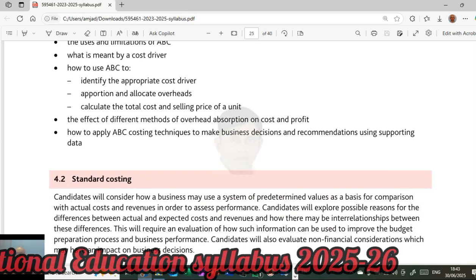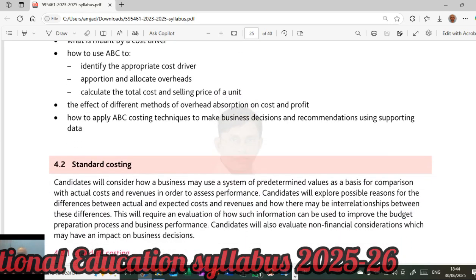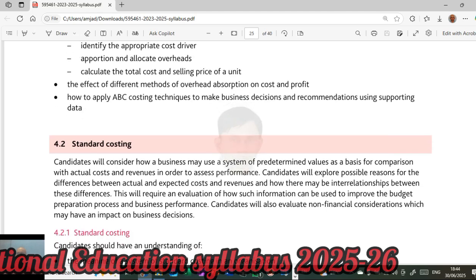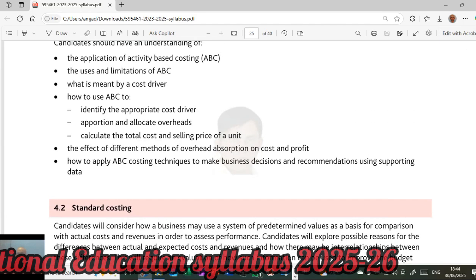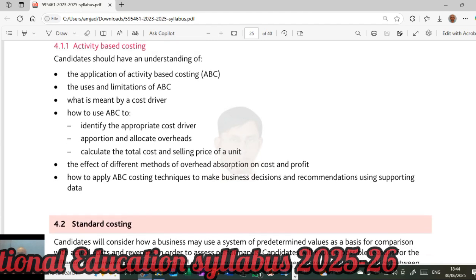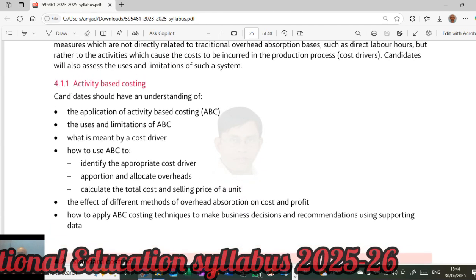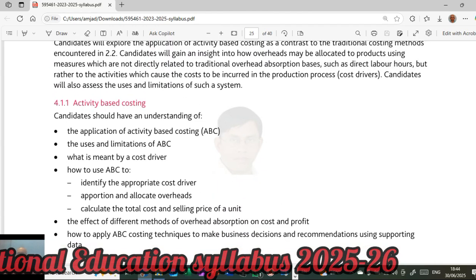So standard costing is the next topic we will discuss in the next class. As of now, that's all in ABC. We will together work out problems from activities, practical exercises, some past exam questions, mock exams and test your knowledge questions. We'll be working out a lot of questions based on this.